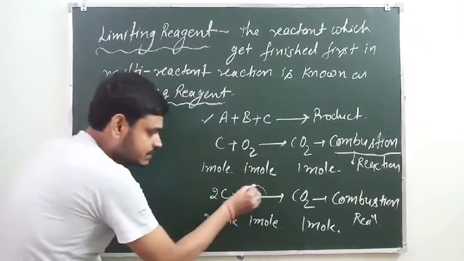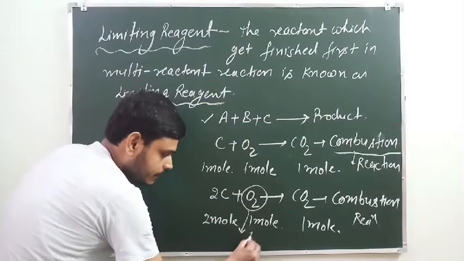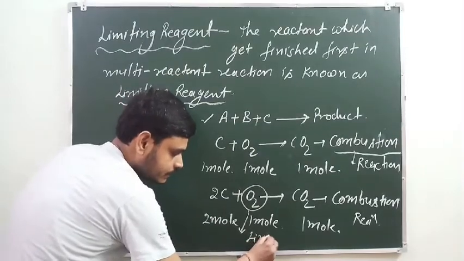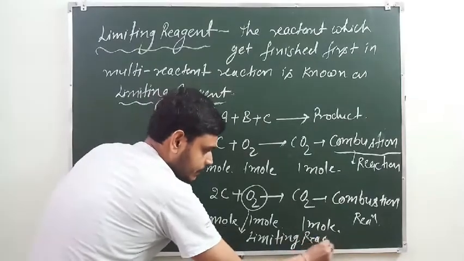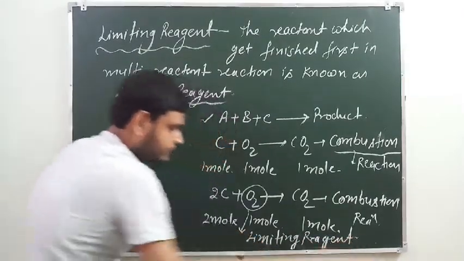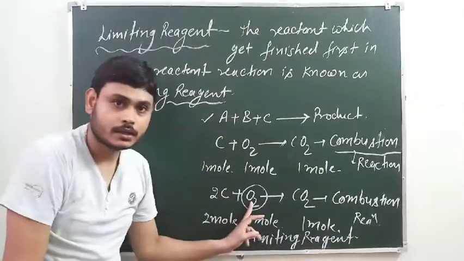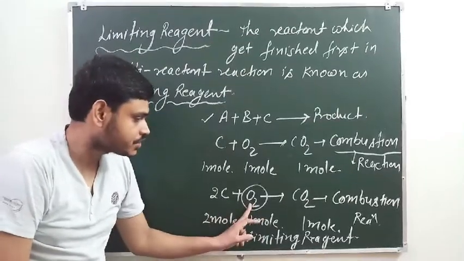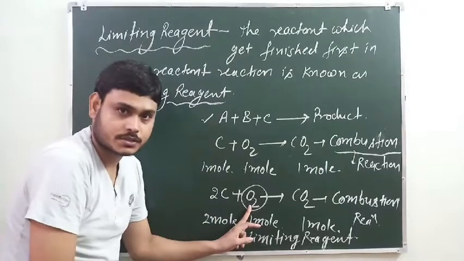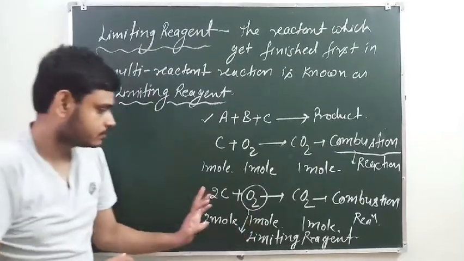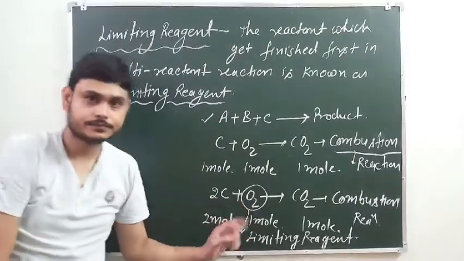So oxygen is the limiting reagent. Clear? Because in this reaction, the oxygen reactant gets finished first. Clear?